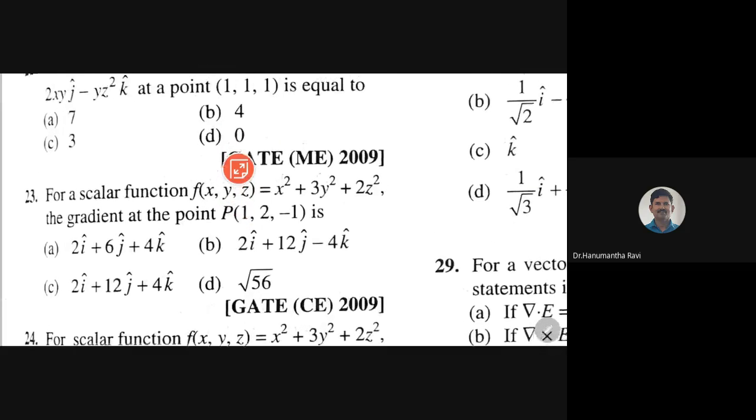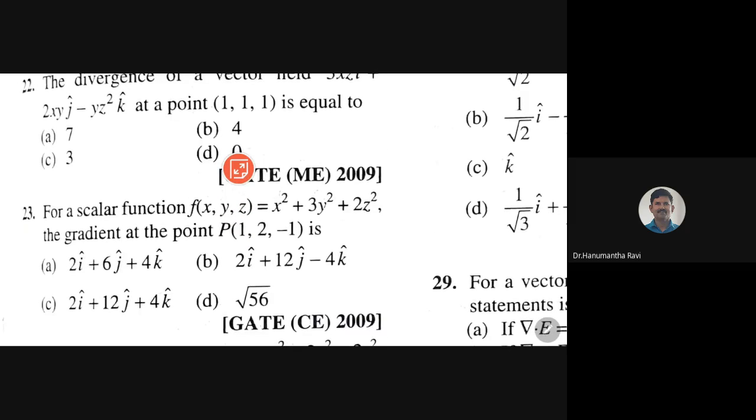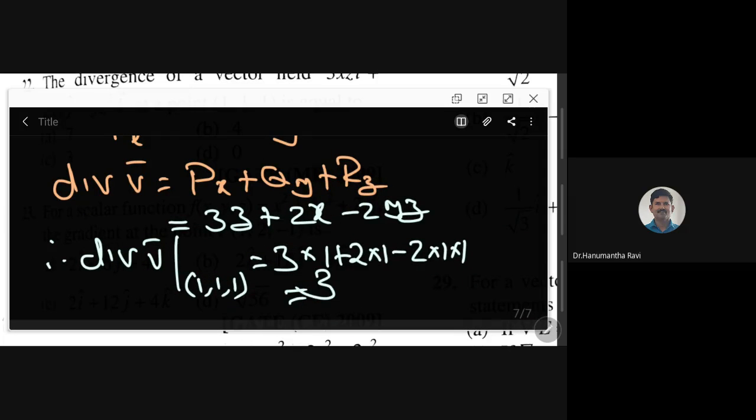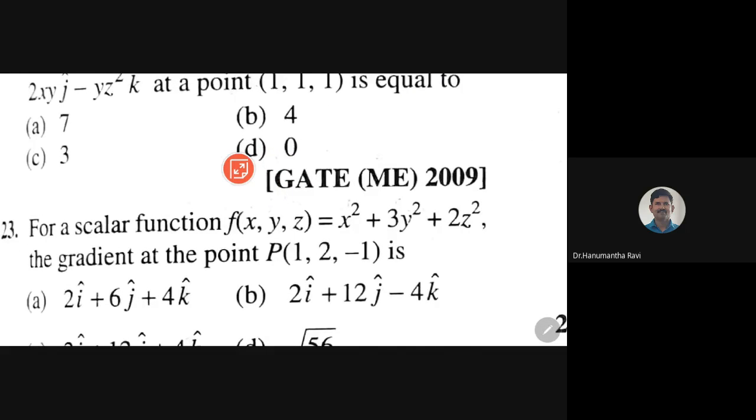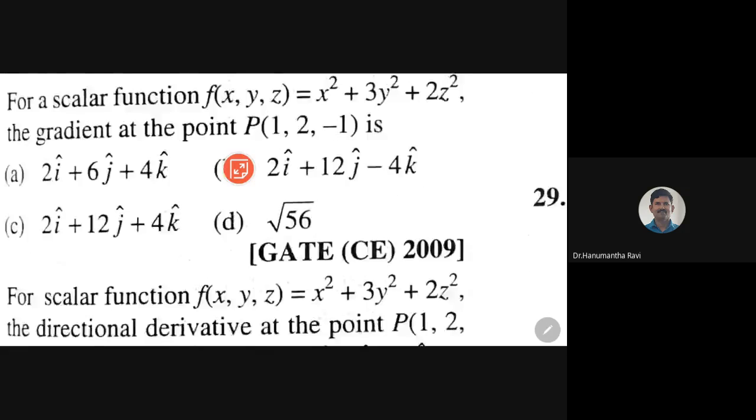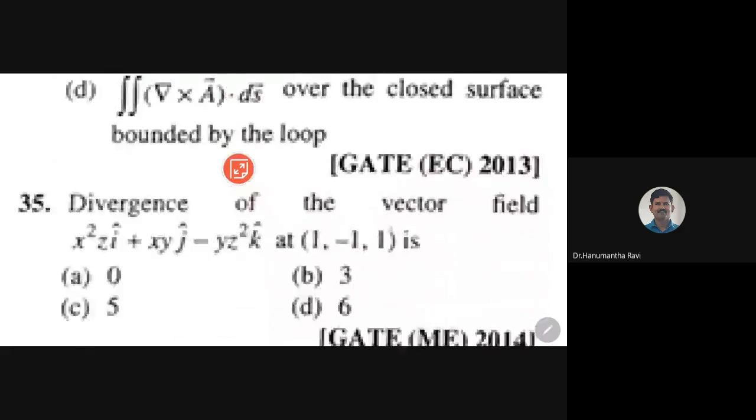It is 3. So if we want verification, it is 3. You can verify it.